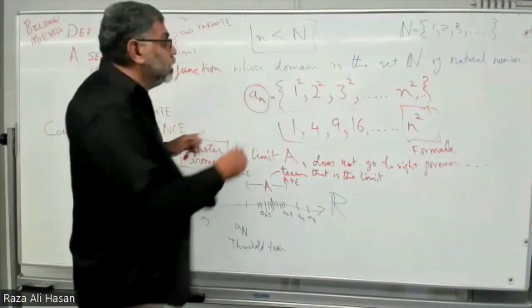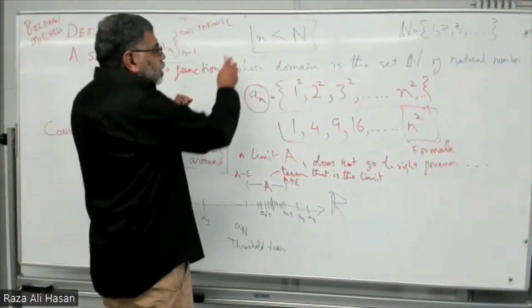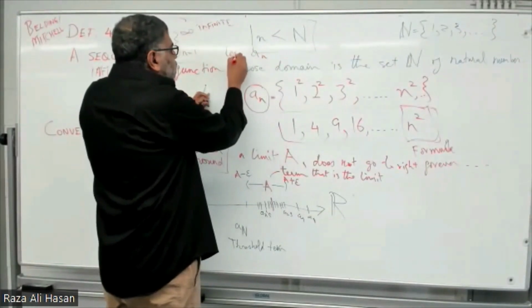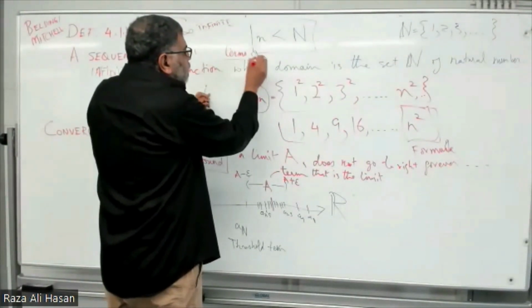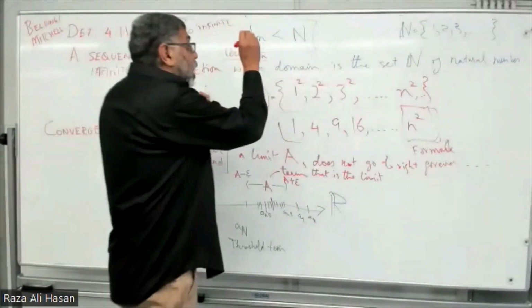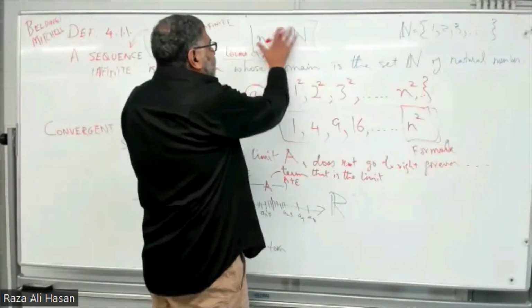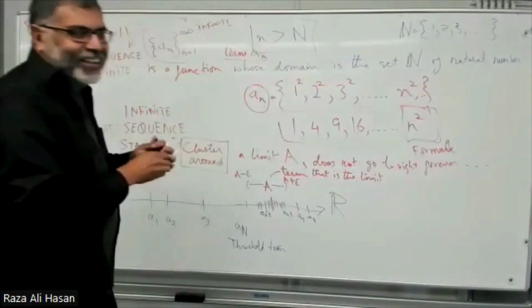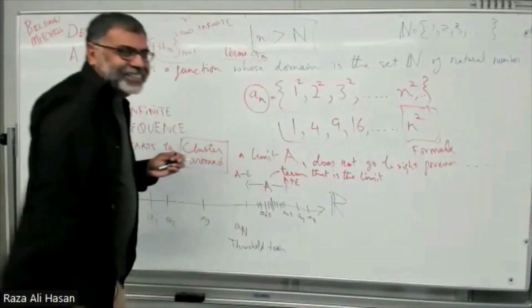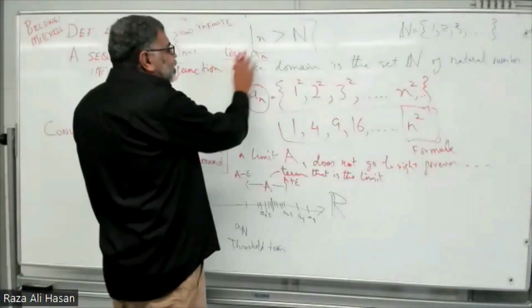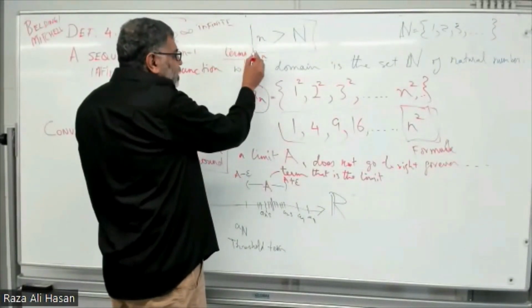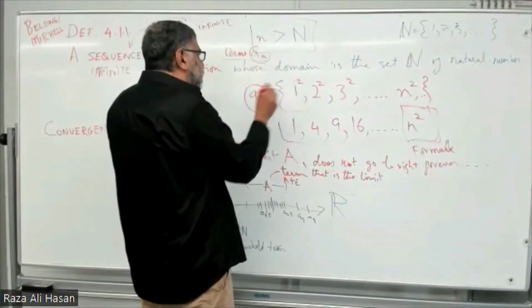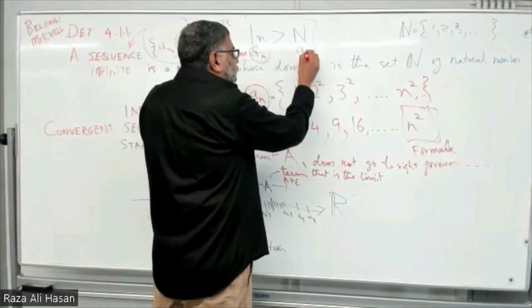When you see this notation, you're saying all the terms AN are going to be greater than the term A uppercase N.